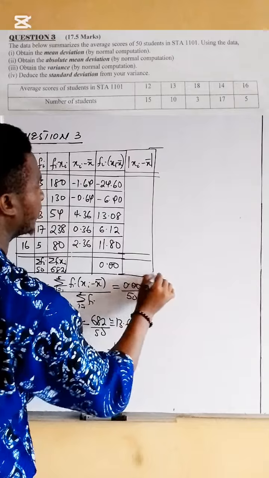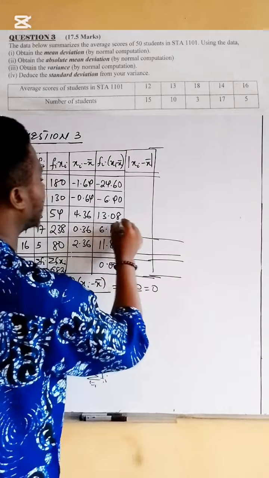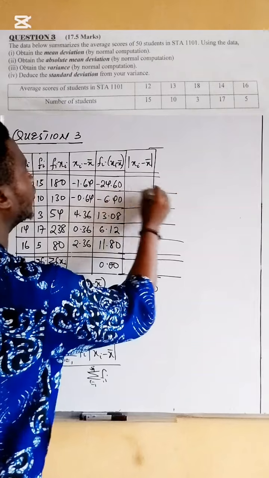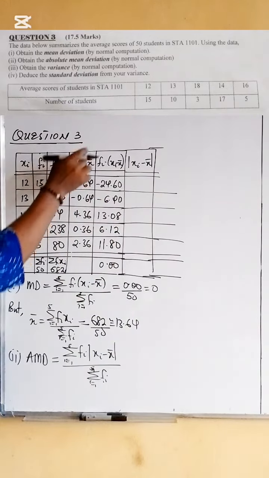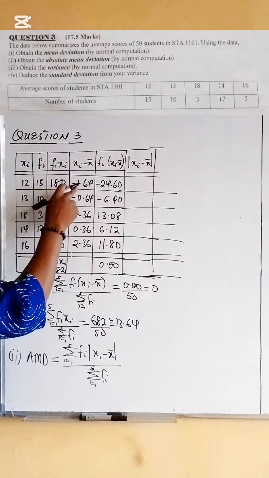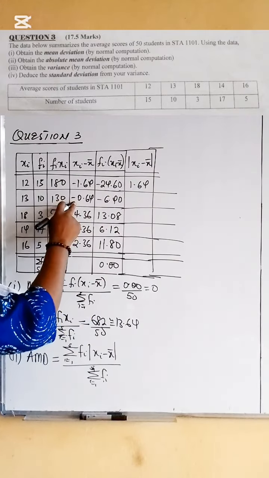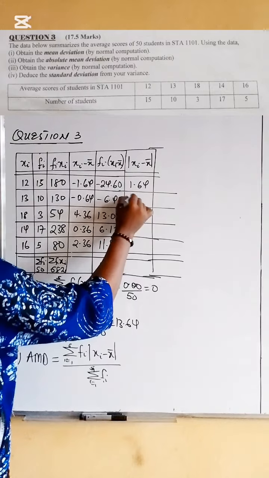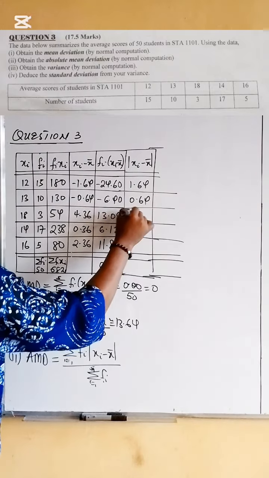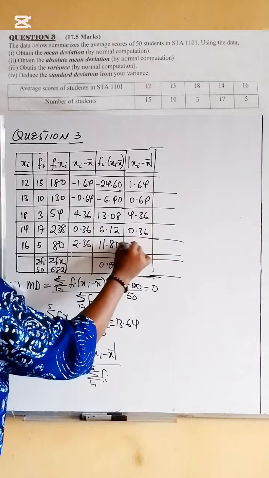Okay. Now, after creating that column, the next thing you do is take the absolute values of your xi minus x bar column. Taking the absolute value of minus 1.64 will give you 1.64. Taking the absolute value of minus 0.64 will give you 0.64. This will come out as positive because the absolute value of a positive number is a positive number.